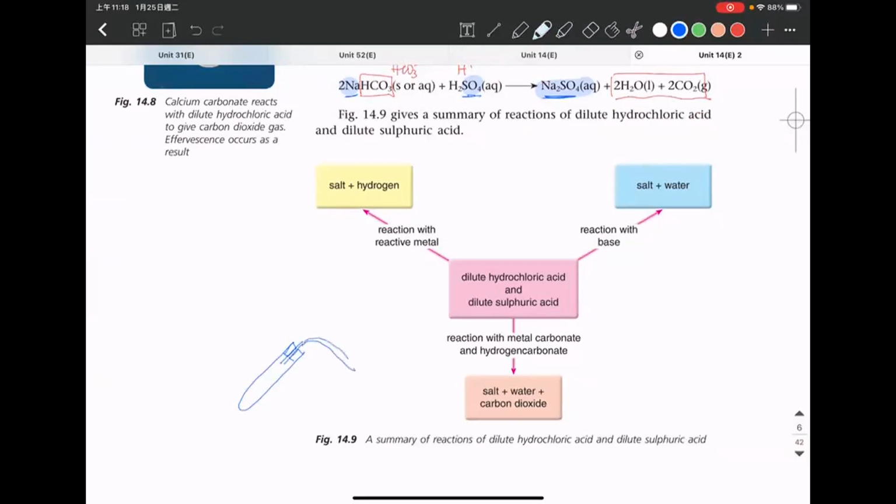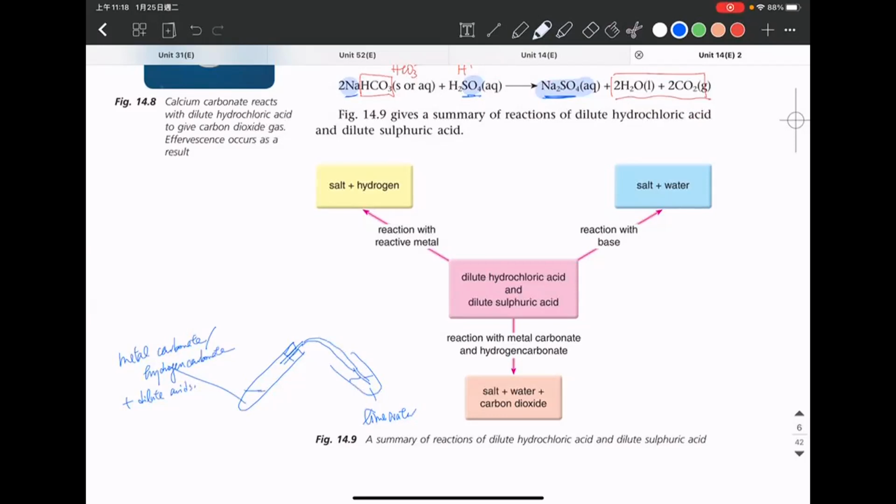Spend some time on it. So you have lime water here, while inside we have metal carbonate or hydrogen carbonate reacting with dilute acids. Okay, so we have that.